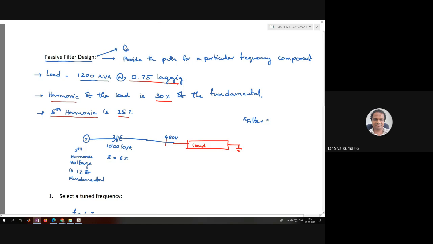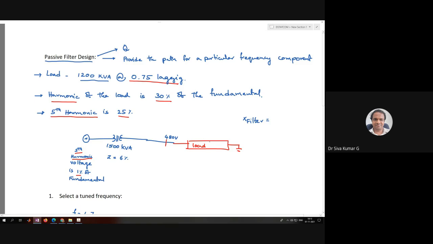And then the source is also driving the fifth harmonic voltage. The source has a fifth harmonic voltage of 1% of fundamental. For this, we are going to design a passive filter for this system.